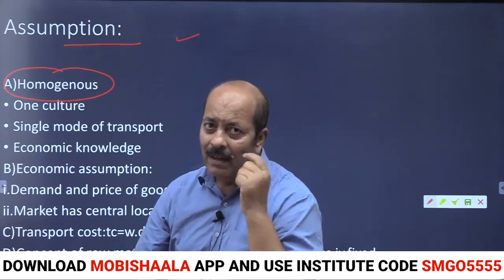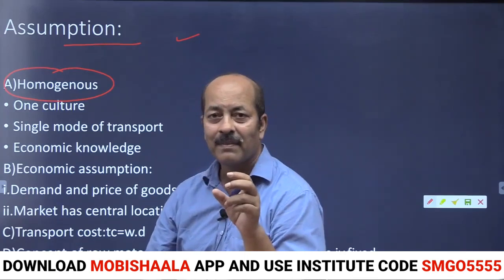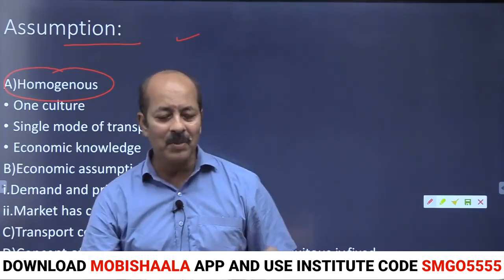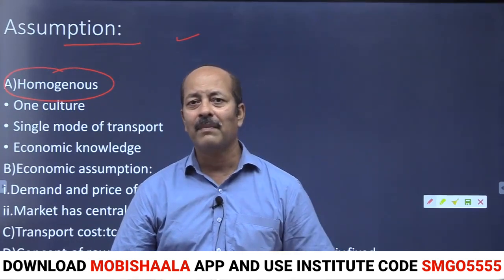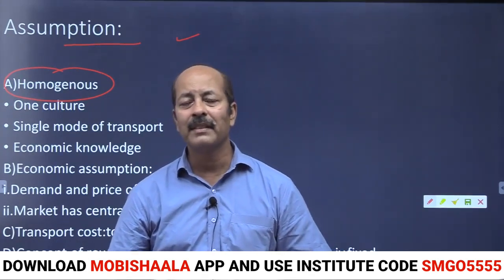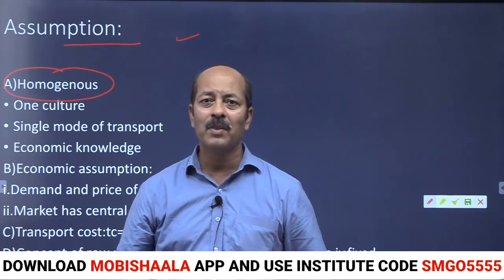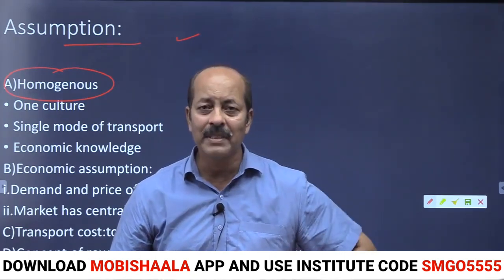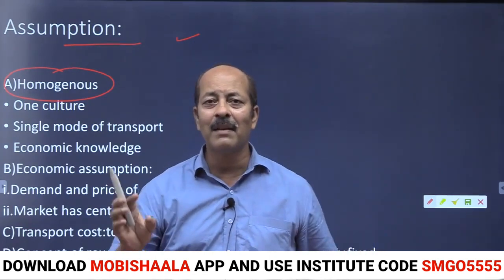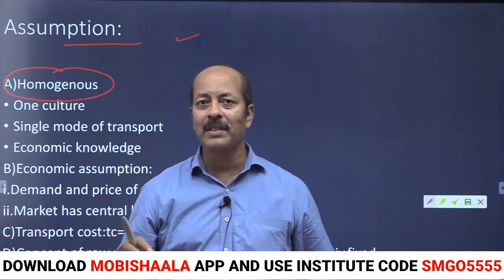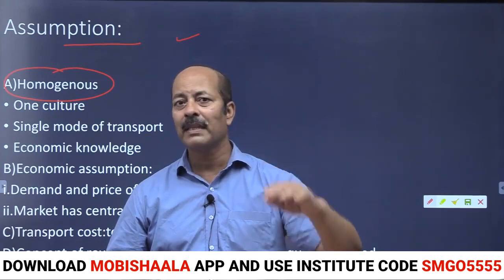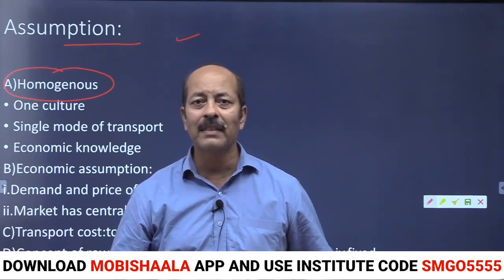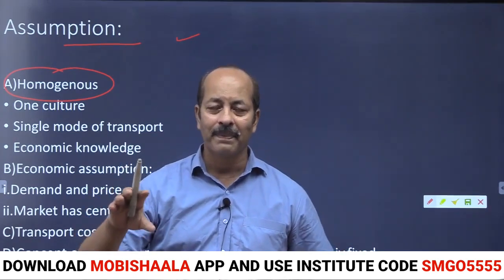Number one, homogeneous area. The area will have homogeneous character in the sense of climate and topography. So there will be uniform character throughout the area.